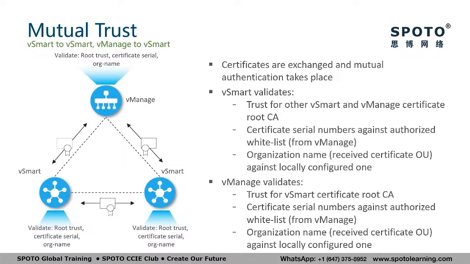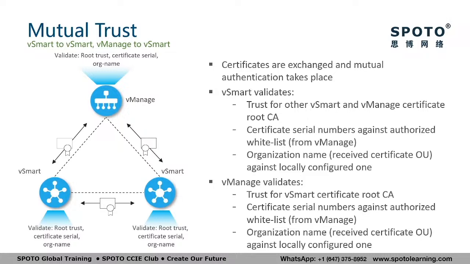Mutual trust between vSmart and vSmart, between vManage and vSmart. There are two parts as well. The first one is vSmart validating the trust for other vSmart and vManage certificate root CA. Also to validate the certificate serial numbers against the authorized whitelist from vManage and the organization name that received certificate OU against the locally configured one.